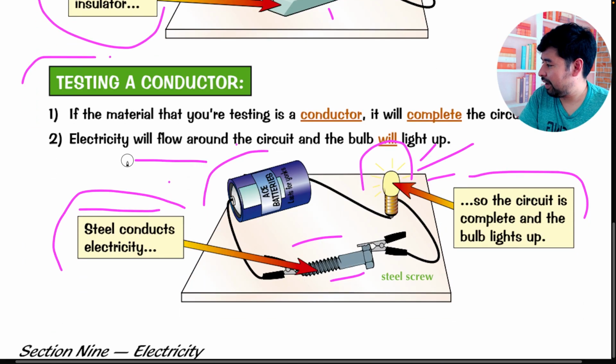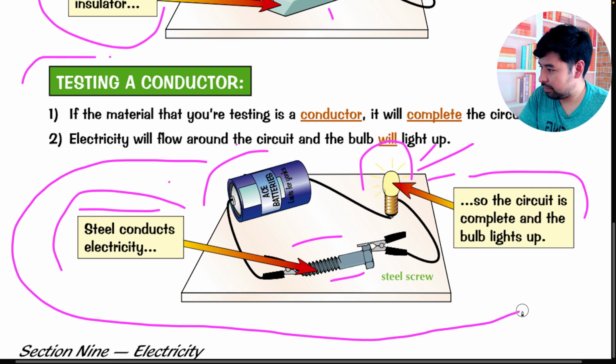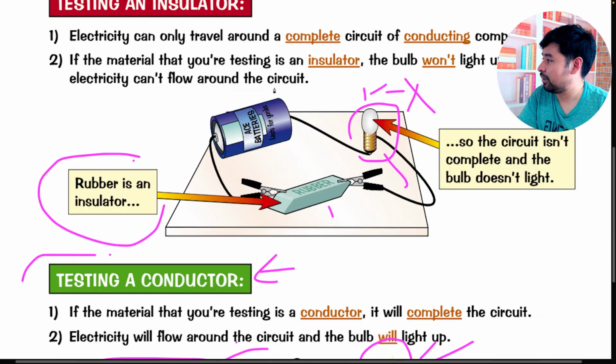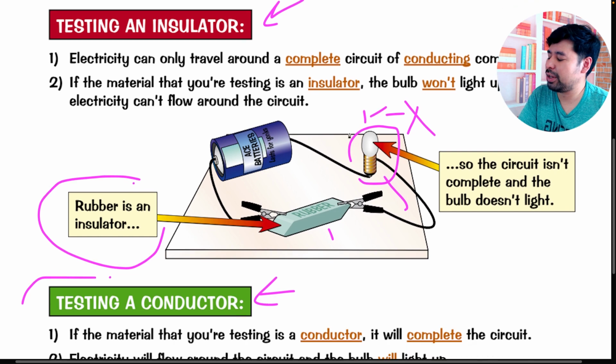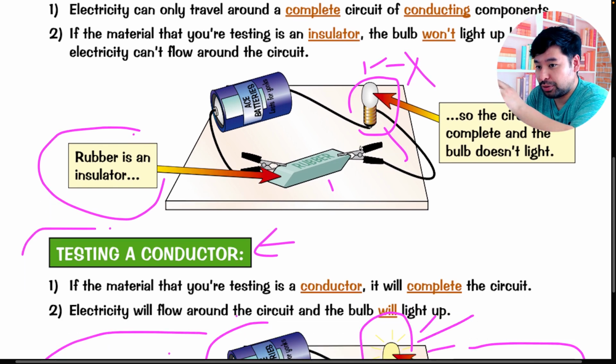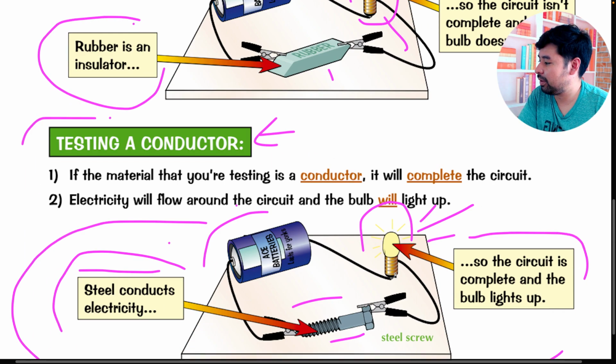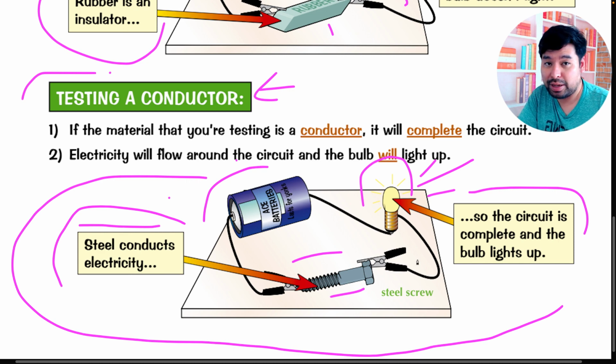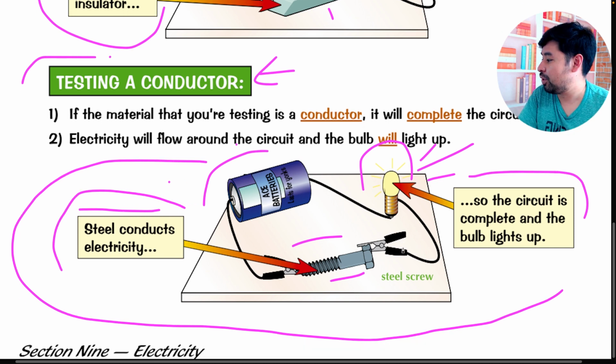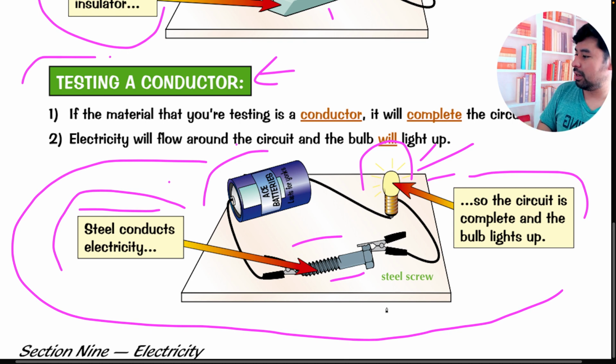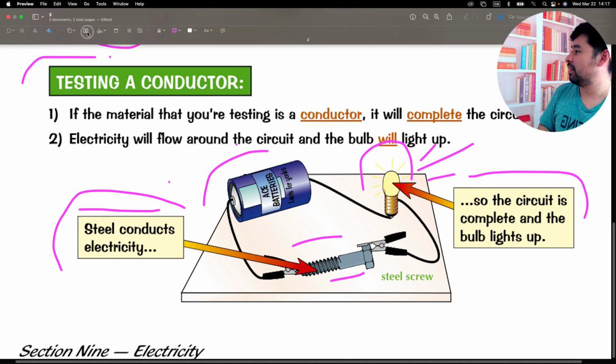Teacher, should I have to make the symbols for this one too? Yes, you have to. For both, for testing a conductor and testing an insulator, I want you to look at the pictures, this one for rubber and for steel screw, and then you make the symbol, the diagram. Let me write it down here for you.